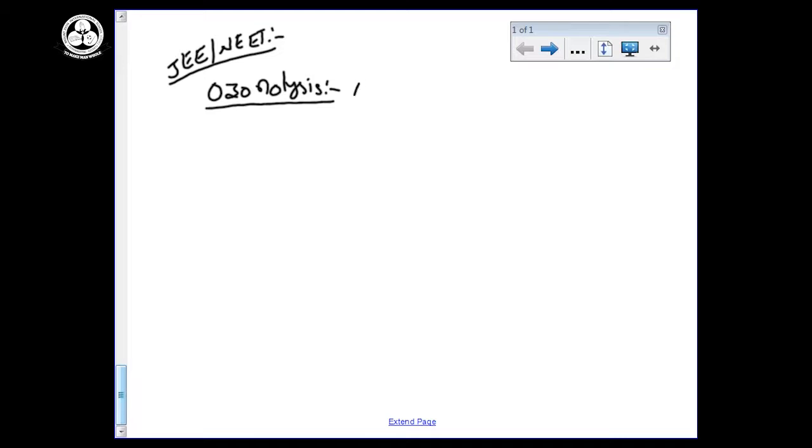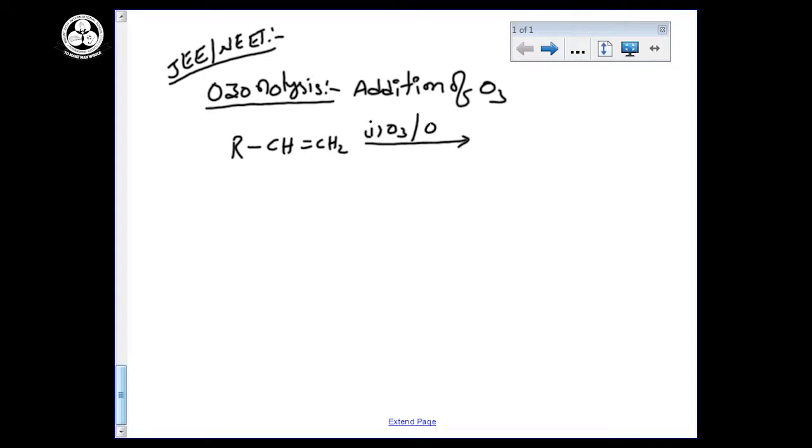Ozonolysis means addition of ozone. See, addition of ozone to R CH=CH2. If I am doing ozonolysis, they will give direct ozone or ozone with CCl4, any one, and that is one reagent.